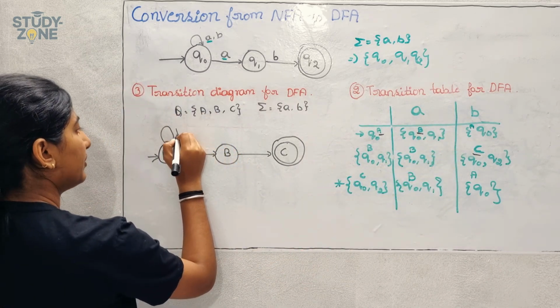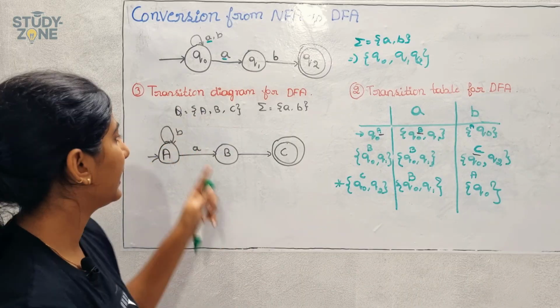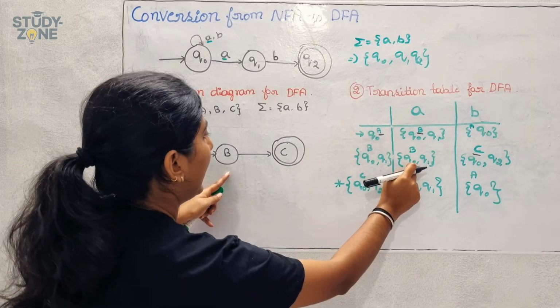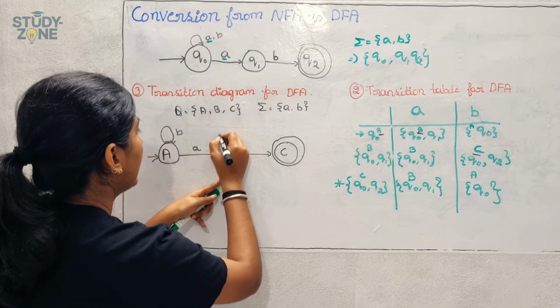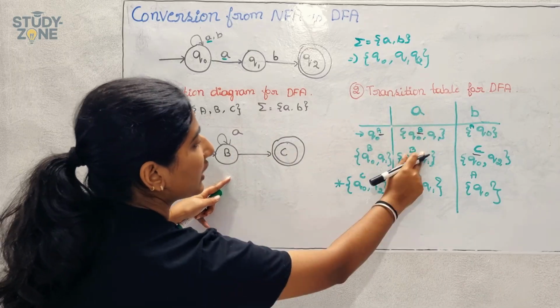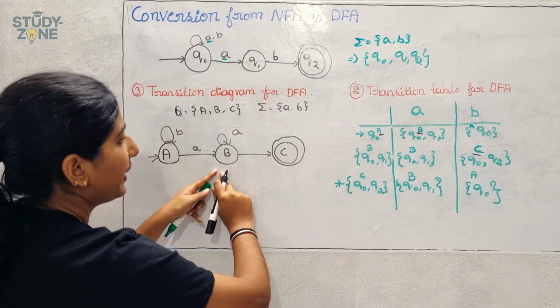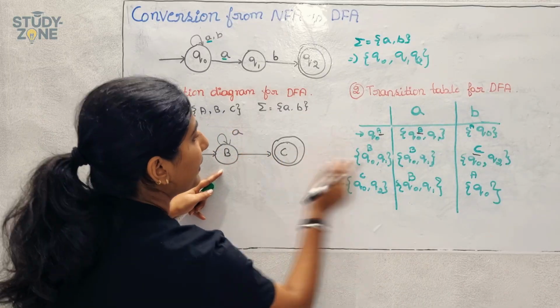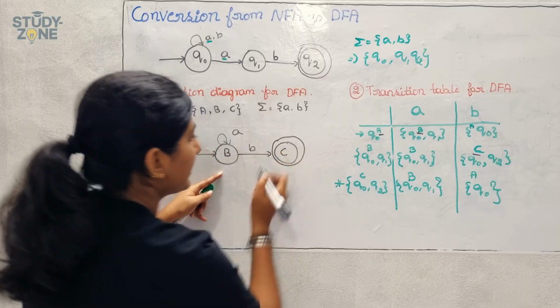B on input symbol A stays in B, and B on input symbol B moves to C.